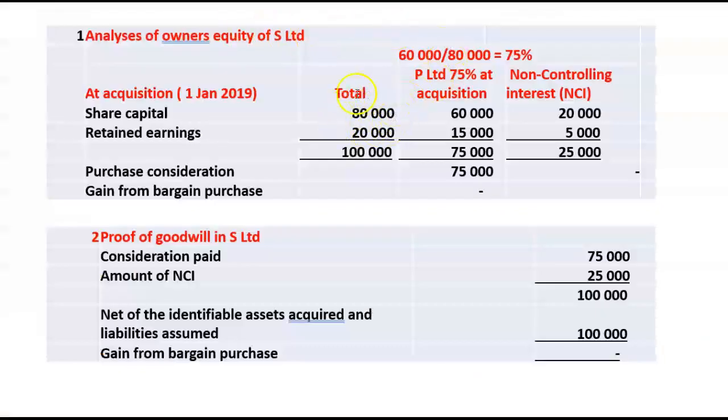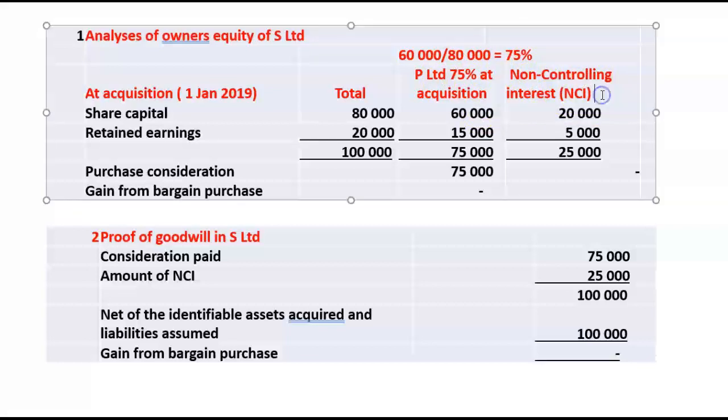We have acquired 75%, so P Limited has acquired 60,000 of the share capital of 80,000, and then it means that if P Limited has 75% of the shares, somebody else must own 25% of the shares, and that is our non-controlling interest.